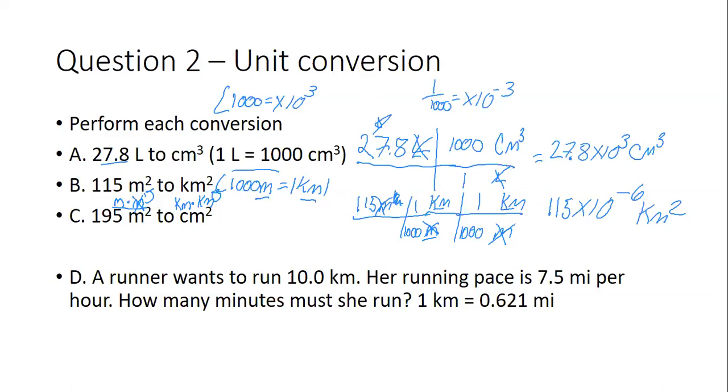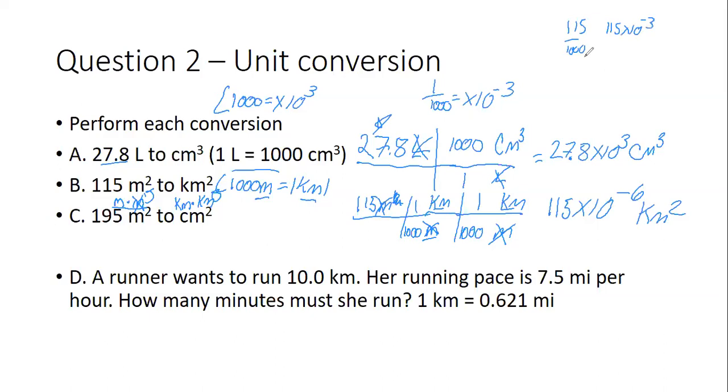So the times 10 to the minus 6: when you divide a number by 1,000, you can just do 115 divided by 1,000. In scientific notation, you can just put 115 times 10 to the minus 3 if you wanted to.